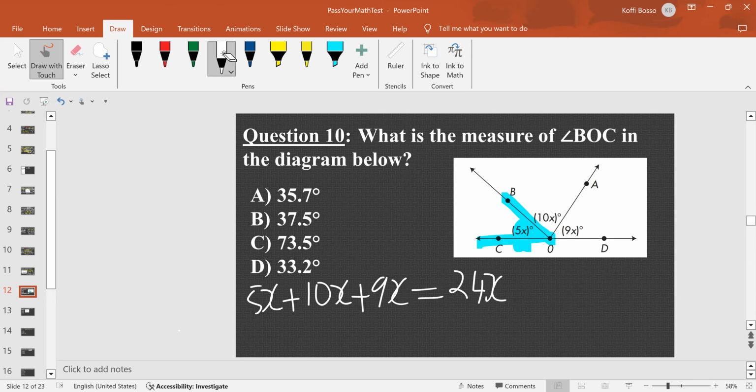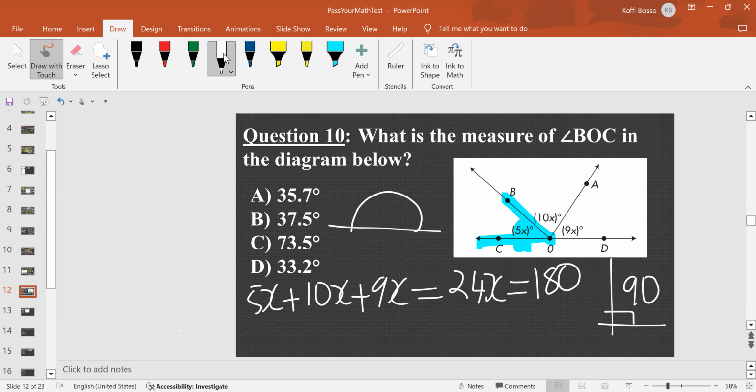Understand that if you add all these angle values in terms of degrees, it has to be 180 degrees. Every time you have a straight line, in terms of degrees, it is 180 degrees. Or if you have a right angle, it's 90 degrees. So we have 180.